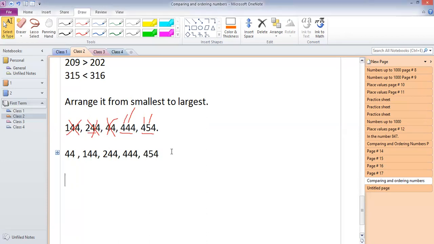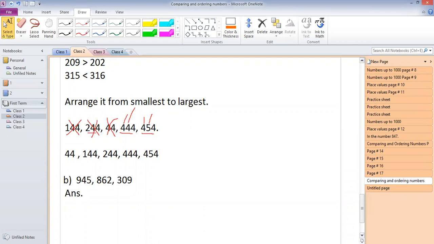Let's suppose the next question we have the values 945, 862 and 309, and we have to arrange them from smallest to largest.